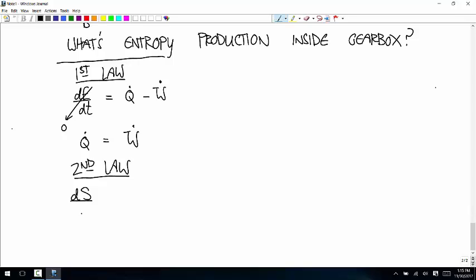So dS/dt is equal to the integral from state 1 to state 2 of delta Q over T going around the boundary plus the entropy production that we're trying to find. Just like this is 0 because it's a steady state case, any properties inside this steady state system have to be constant, and so dS/dt has to be 0.